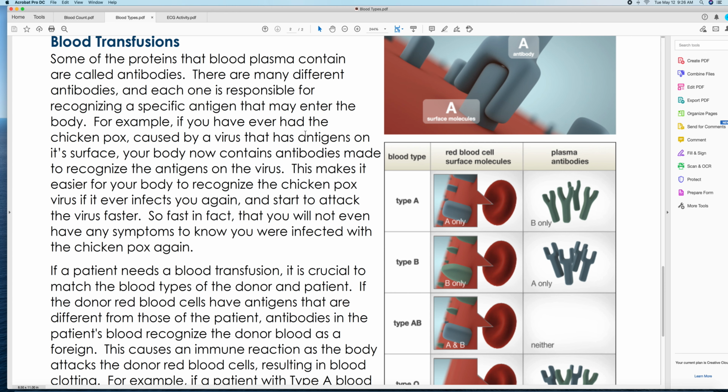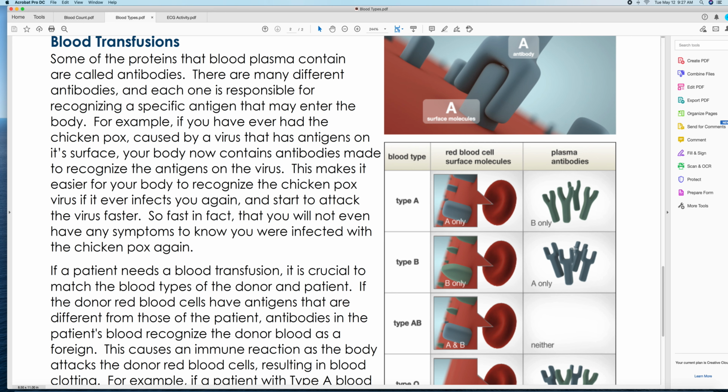When it comes to blood transfusions, it's important to know your patient's blood type, because if you give, say, type B blood to a person with type A, you're giving them the wrong blood cells and it's going to make their blood clot, because type A people naturally have these plasma antibodies.